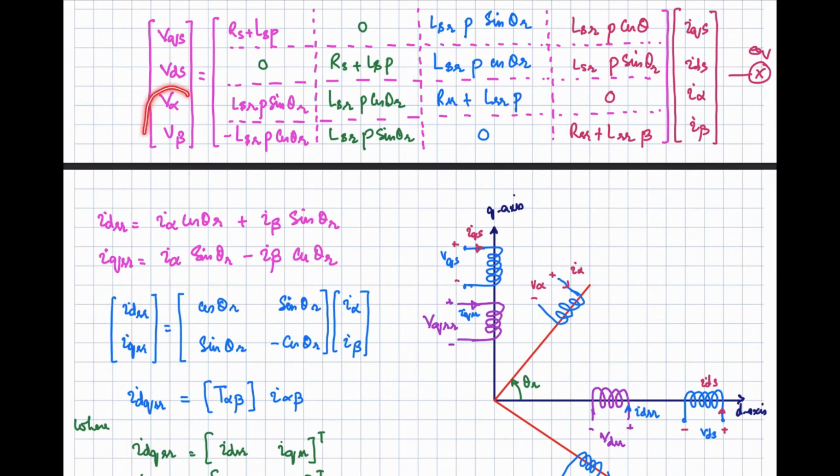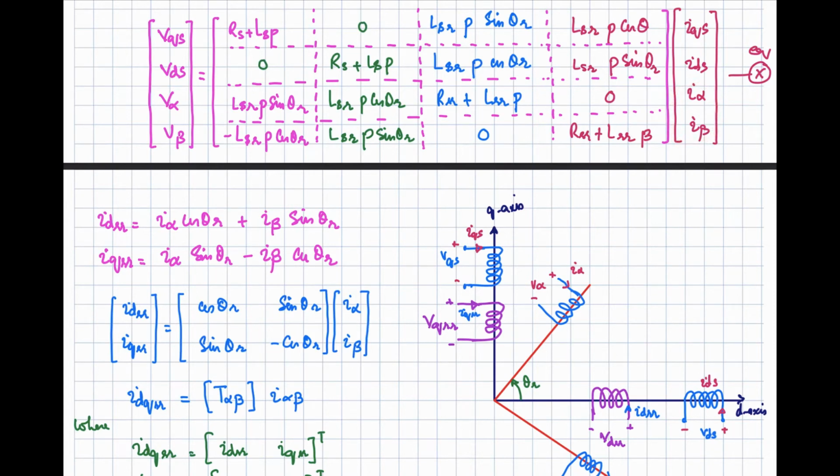Similarly, if you want to transform voltages, you will have the same transformation, but over here we will have V alpha, V beta, and this will be VDRR and VQRR. So you can apply the transformation over here to convert it into Q axis and D axis fictitious winding voltages, and similarly these currents can be translated.